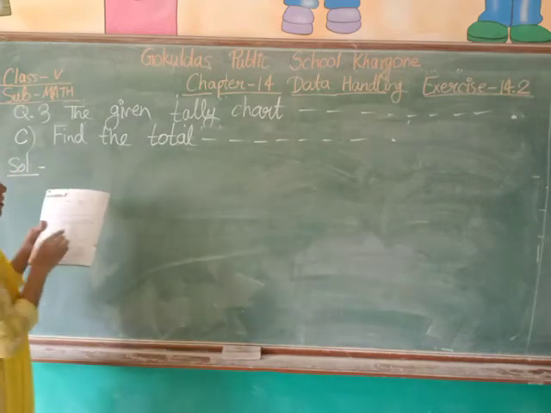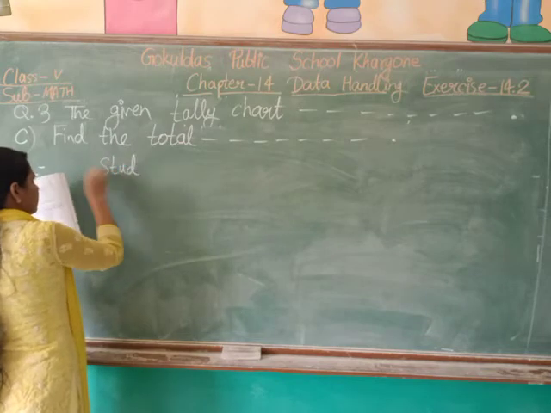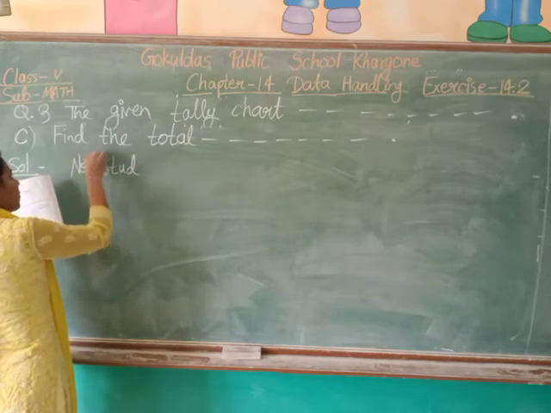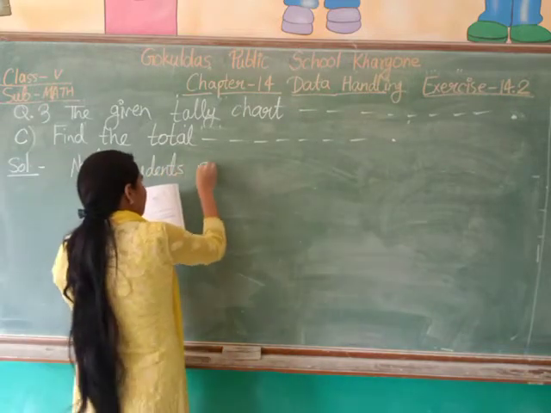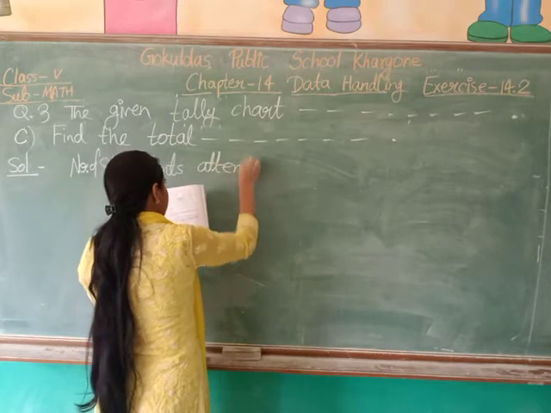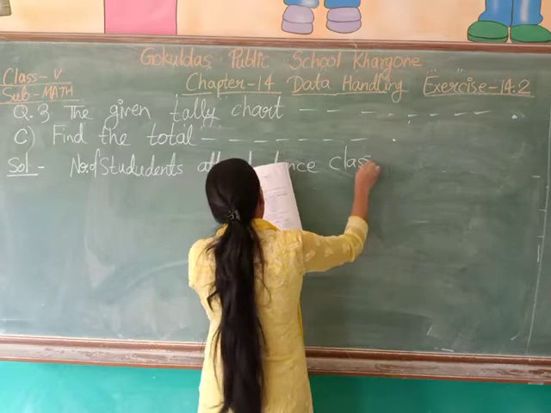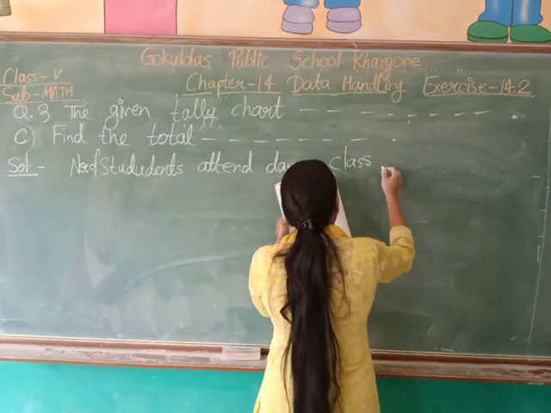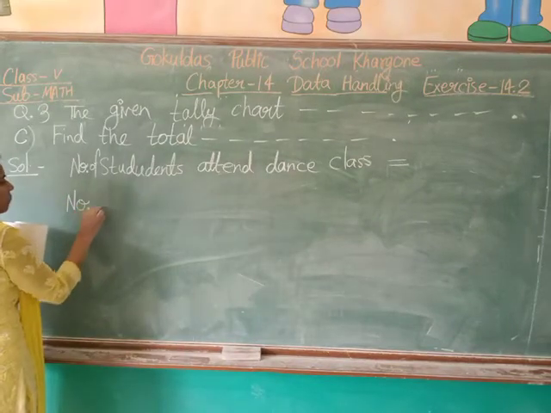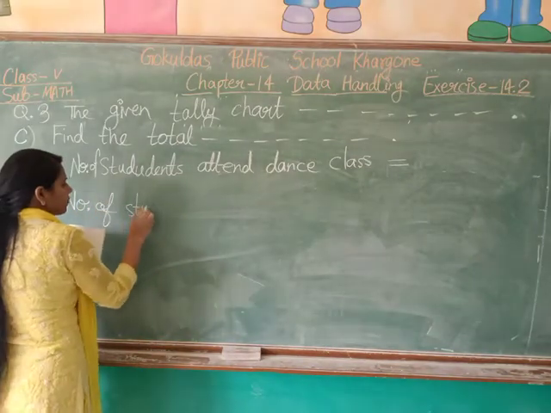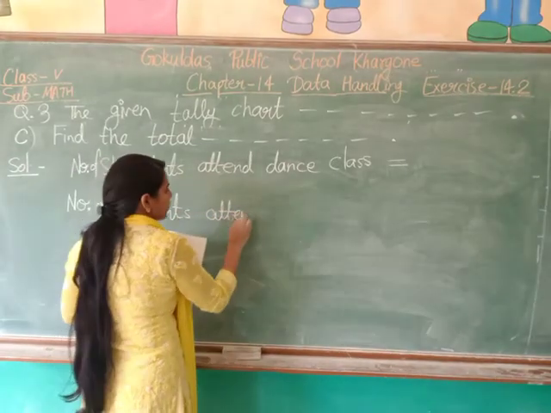So observe your table. How many attend dance class? Number of students who attend dance class, and in the next line number of students who attend light music class.